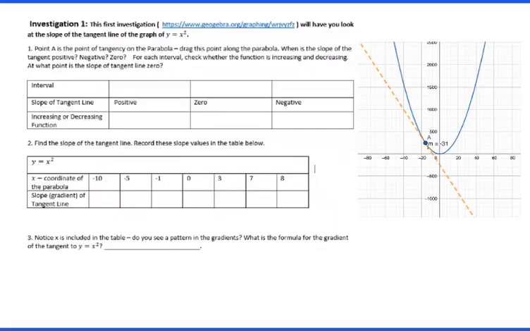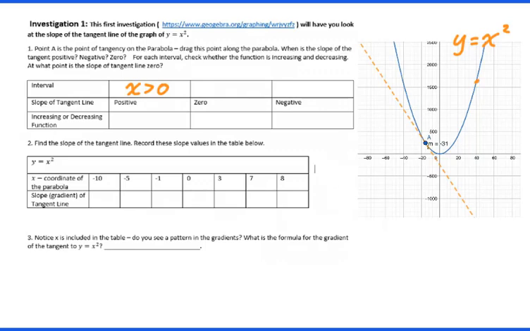After we investigate the y equals x squared graph and the slope of the tangent line, we can fill in this table. For interval x greater than 0, we know the slope of a tangent line is positive.